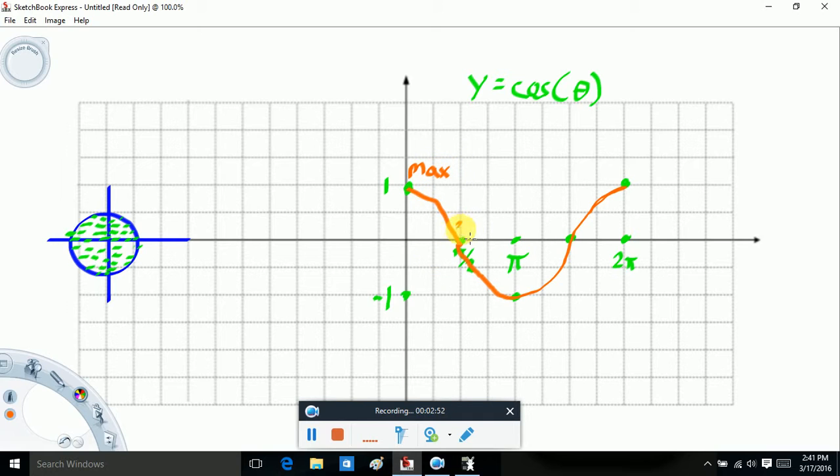This is 0. This is the min. This is 0. And this is the max. Okay, so we can write it as max, 0, min, 0, and then it's max.